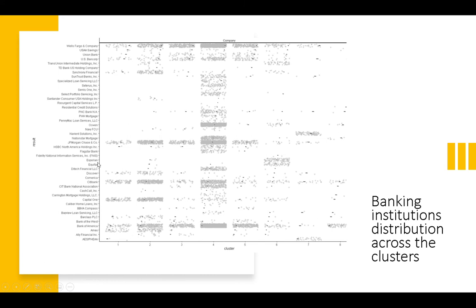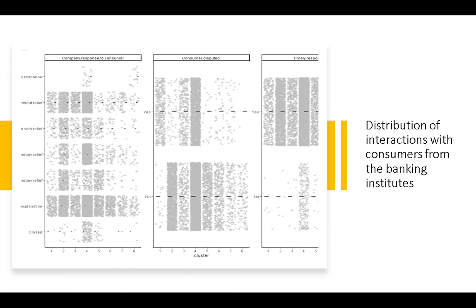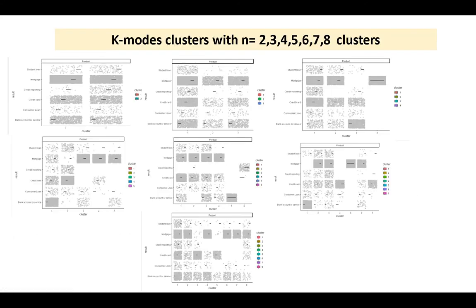If we look at Equifax, we'll find it mostly in cluster 6, which has credit checks. And here is the consumer response and the financial institute response within the 8 clusters.